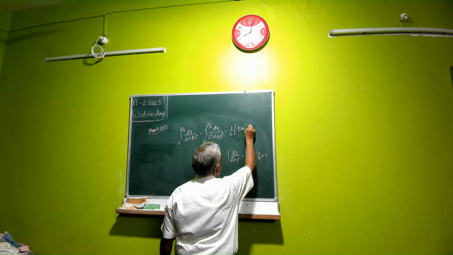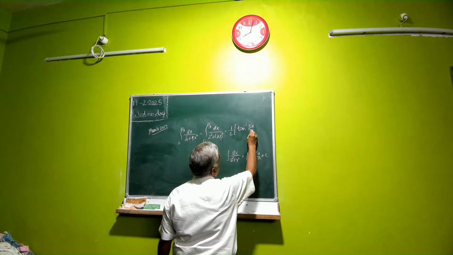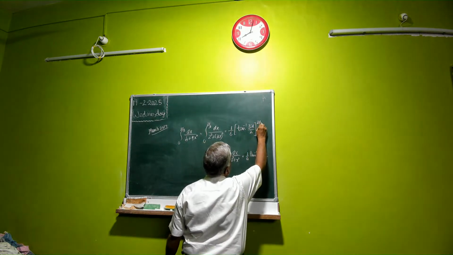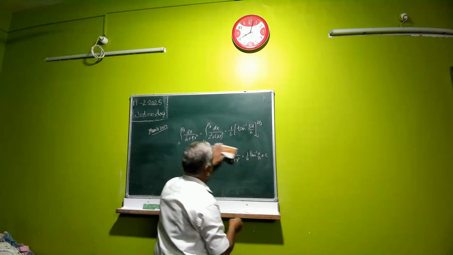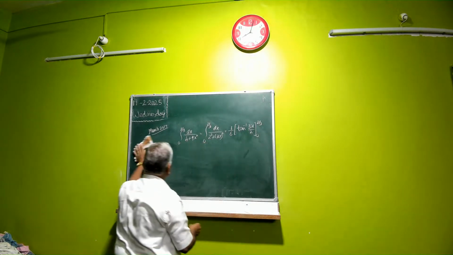In place of x, you have got 3x. In place of a, you have got 2. Limits 0 to 2 by 3. After integrating, put the limits: upper limit minus lower limit.